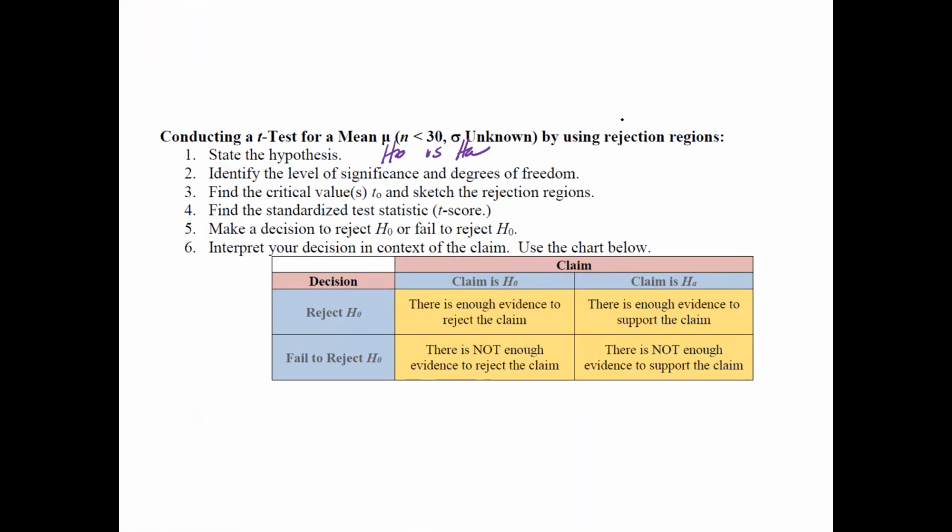Number 4, find the standardized test statistic, which is a t-score. And that is t is equal to x bar minus mu over s, notice that you don't have a population standard deviation here, divided by the square root of n. Then make your decision to reject or fail to reject and interpret your decision.